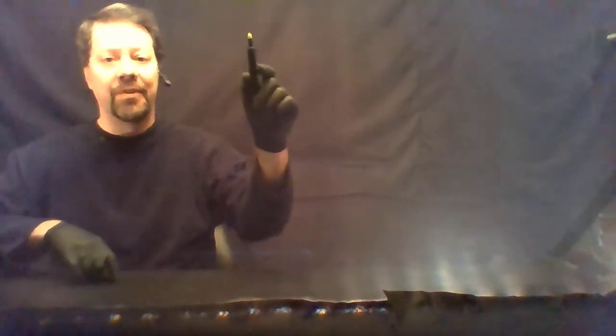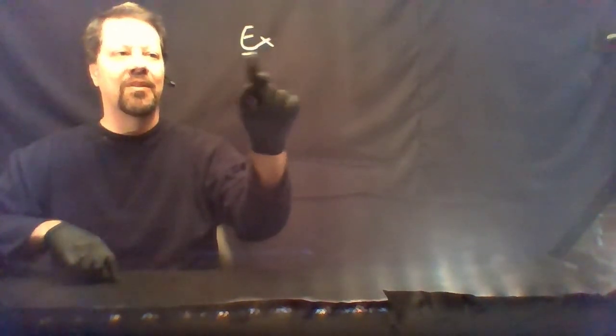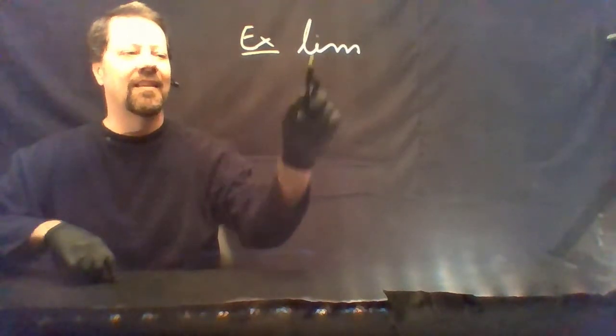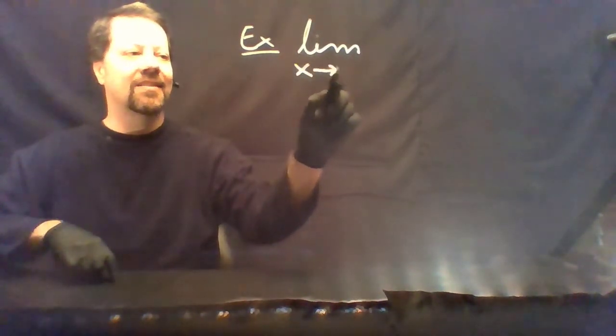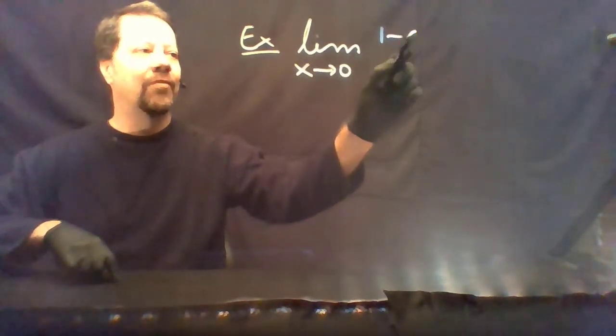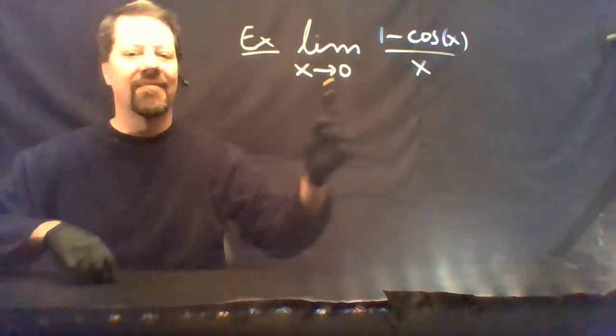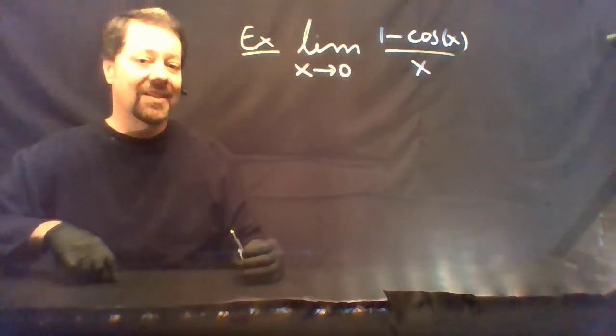Now that we've proved that sine x over x tends to 1 as x tends to 0, we can prove more easily some other limits. Let's look at the limit as x goes to 0 of 1 minus cosine x over x. What does this go to?